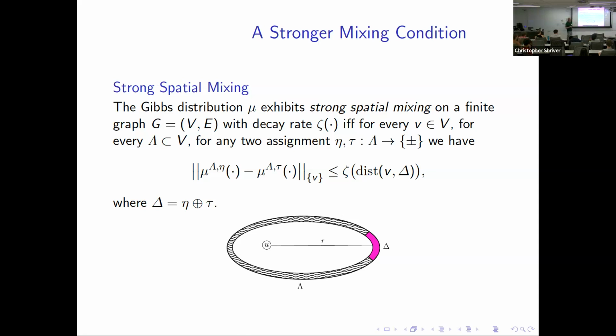So it could be, for example, that lambda is an extensive set, right? And there are vertices in lambda that are close to V, right? But the configurations we consider, eta and tau, are disagreeing very far from V. Then this distance should be small because the disagreement is far, right? It might be lambda is close to V, but since the disagreement is far, this should be small. Make sense?